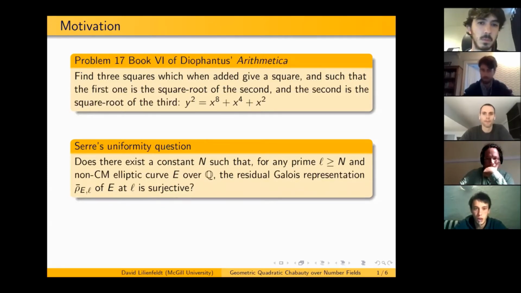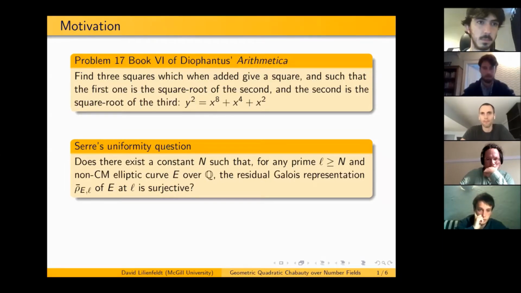And one may ask, for which elliptic curves and which primes is this Galois representation surjective? So Serre's question is a uniformity question. He asks whether you can find a constant n independent of l and the elliptic curve such that for any l greater than n and any non-CM elliptic curve, this Galois representation is surjective.